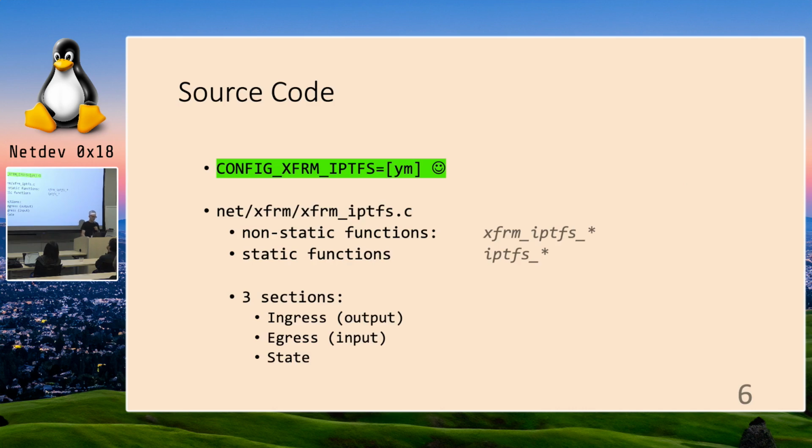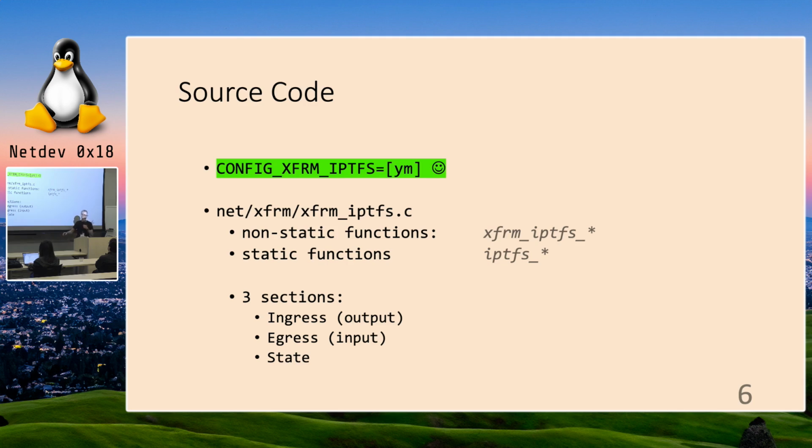So the implementation is in one file. I mean, we touched other files, which I'll cover, but the IPTFS implementation is in that file. And then the global functions and the static functions have prefixes. It's three sections: state, then ingress and egress.